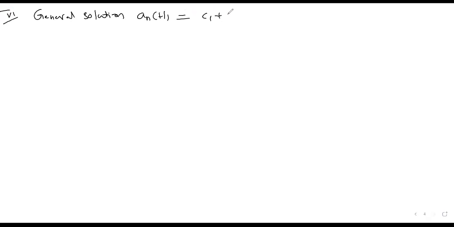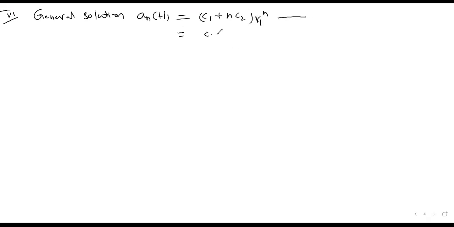Tell me, C1 plus n C2, yes, very good, into r1 power n. What is r1 here? r1 is the root, and the root is 1.